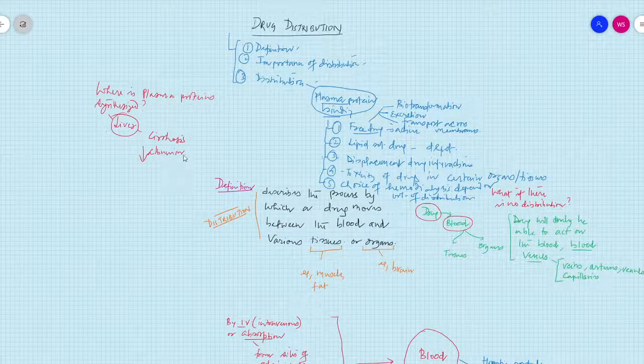So let's write it down here. Bound form of the drug would reduce. As a result, free form will increase, and that will relate to increased activity. So we need to adjust the dose in case of liver diseases.